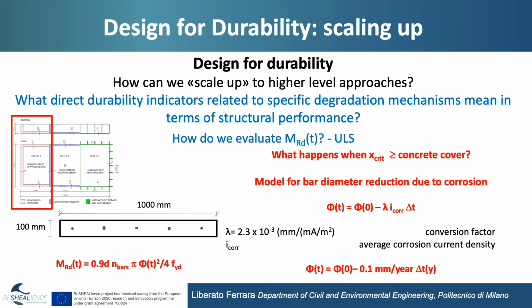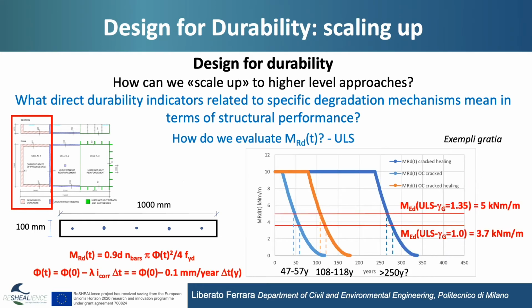And you can see, applying this area reduction of reinforcement, how fast is after that the degradation of the flexural performance. Up to the first time where the chlorides reach the critical limit at the cover, nothing happens. Then the moment capacity starts immediately decreasing.